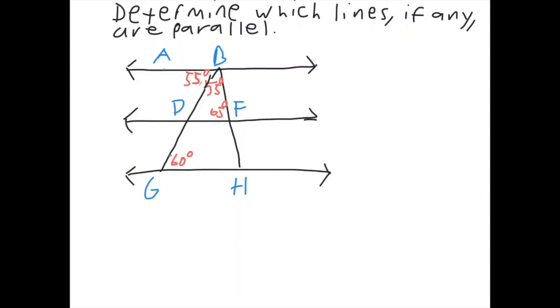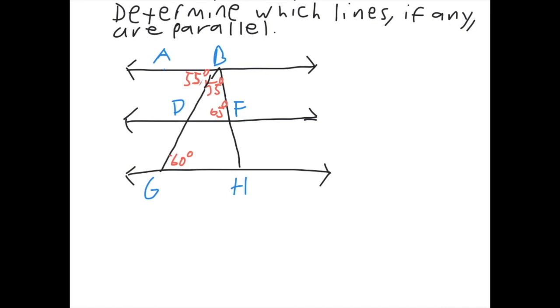Alright, so here's an example. As usual, don't mind my drawing, I'm a terrible artist. So, determine which lines, if any, are parallel. So we have some measurements here, and we want to use those measurements along with the theorems we just talked about to be able to determine which of these lines, if any, are parallel.